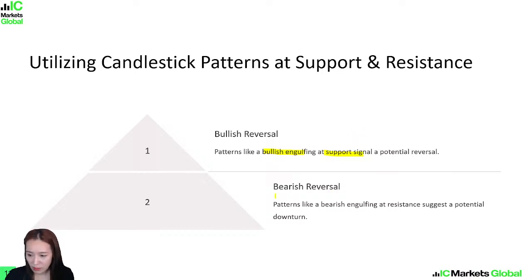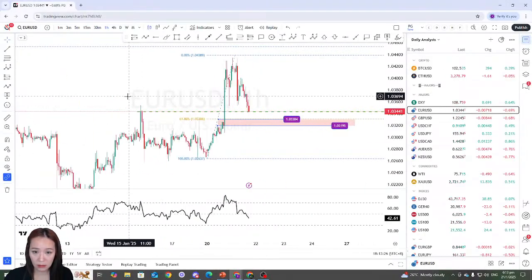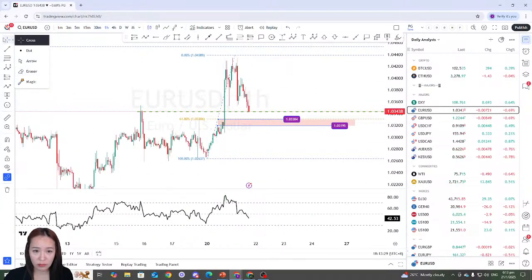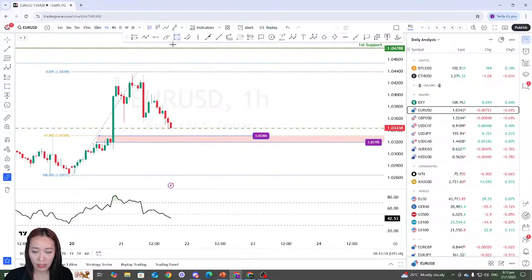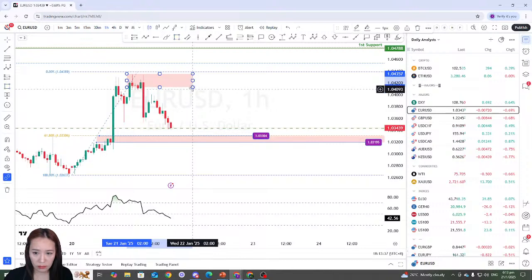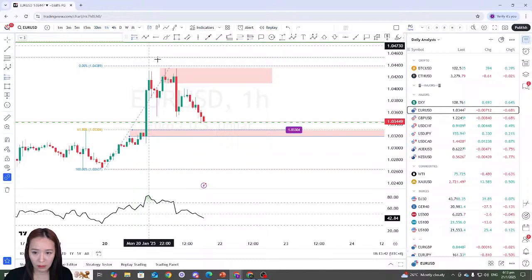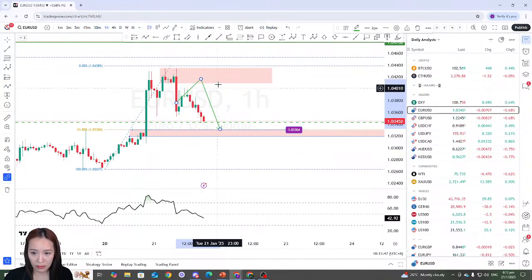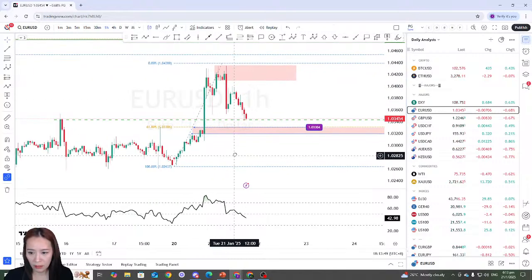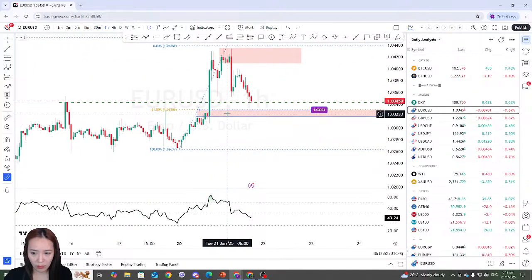Bearish reversal as well: the pattern like a bearish engulfing candle at the resistance signals a potential downturn, here. It ends with a bearish engulfing, right? We know that there is a reversal. If price comes back here to the value of the block, you may consider to sell on the pullback, but if it did not pull back, that is okay. Likely it's going to break. You wait for this level.